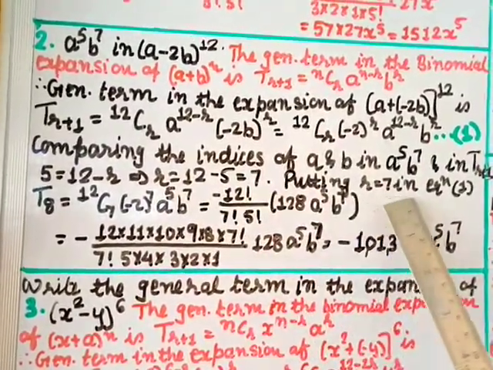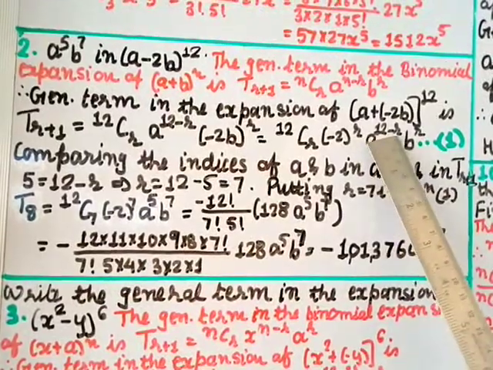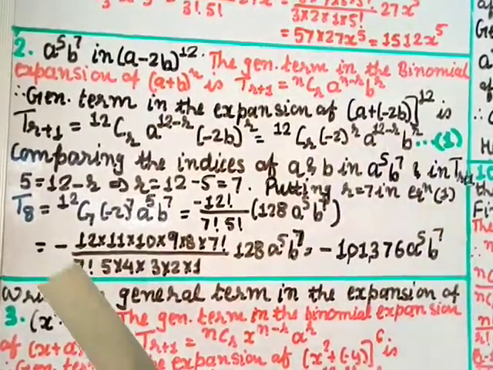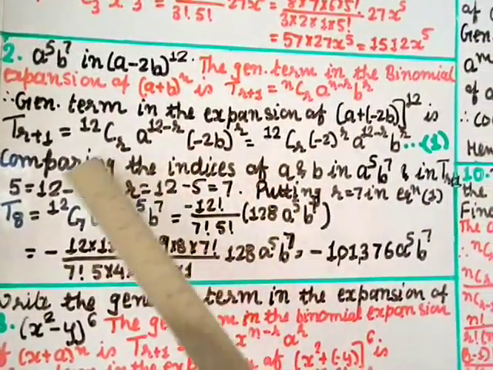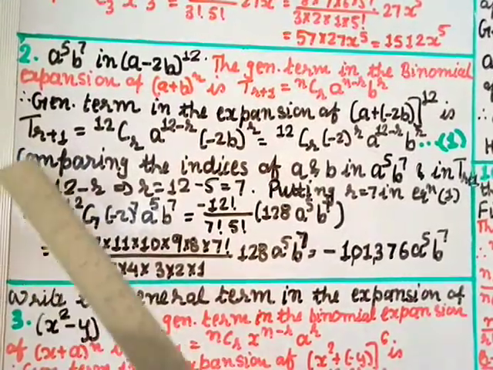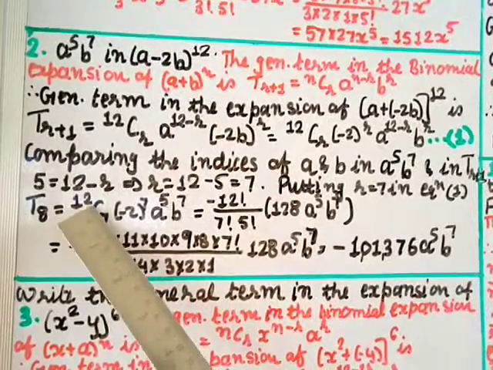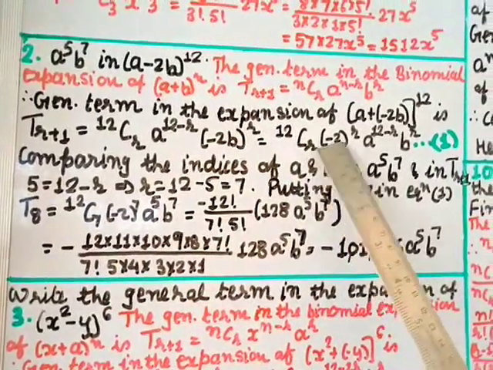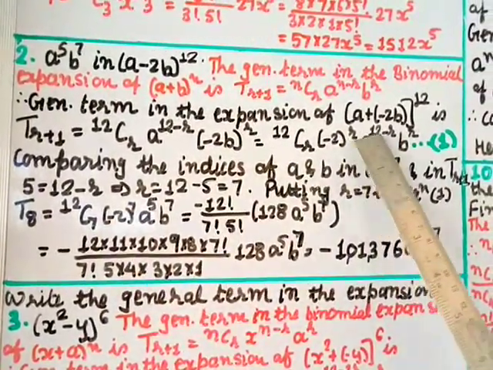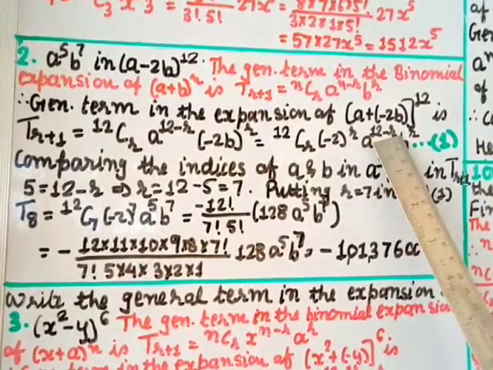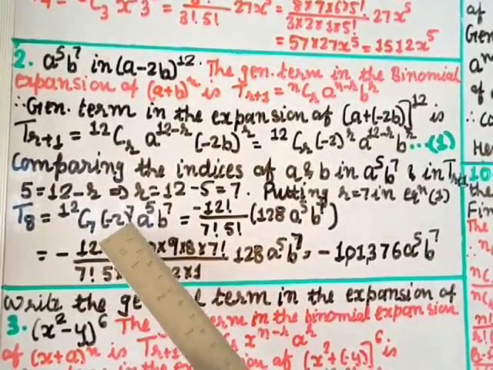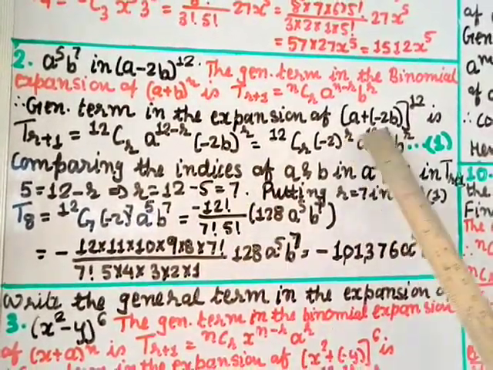Putting r equal to 7 in equation 1, put it in all these places. So when you put here first, T(r+1), r is 7, plus 1 gives you 8, equal to 12C7 into (minus 2) power 7. a power (12 minus r), that is 12 minus 7, gives you 5.